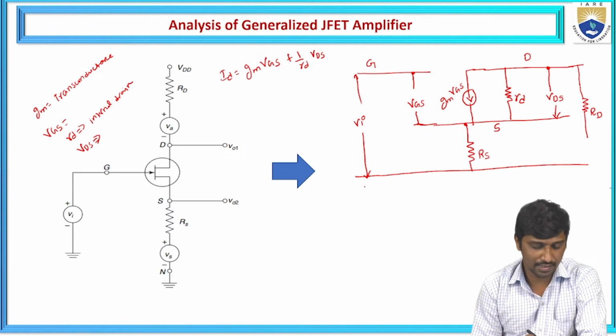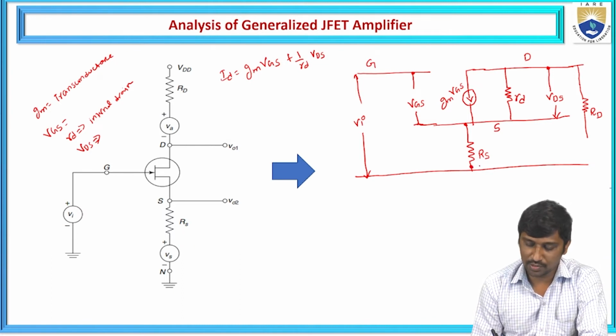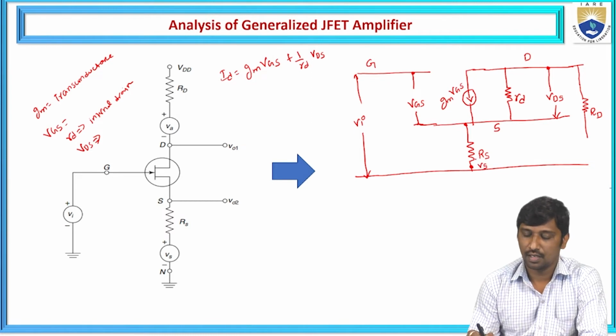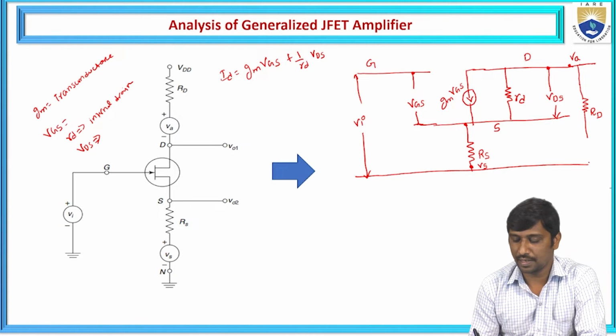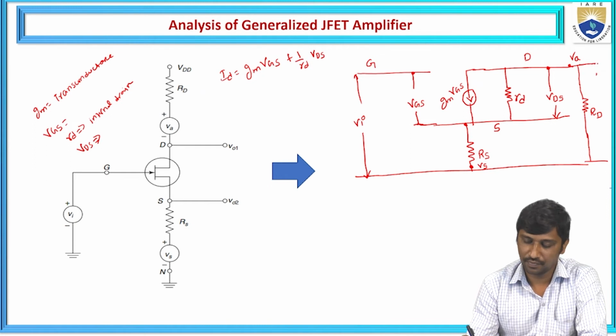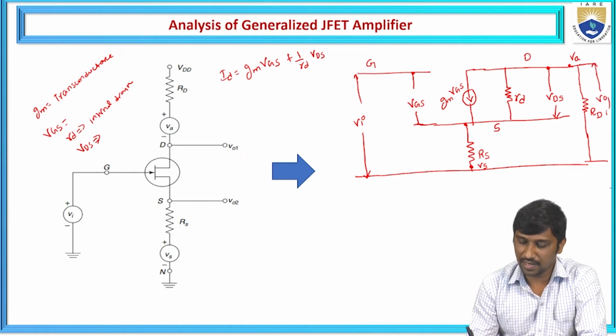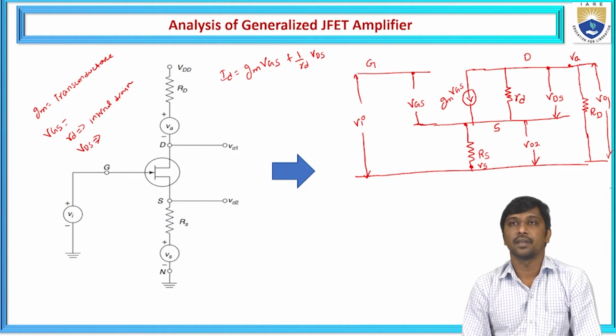If you want to use this as a common gate amplifier, there is one more voltage source VS, but in most cases we do not use this source across the drain, so I choose this voltage source VA. Now I'm going to measure this VO1 parameter, and across the source resistance the output is represented as VO2.